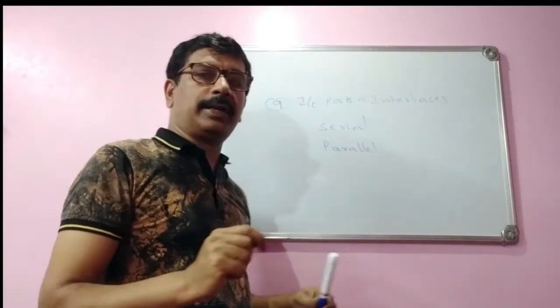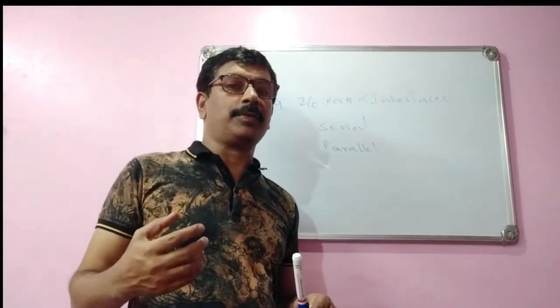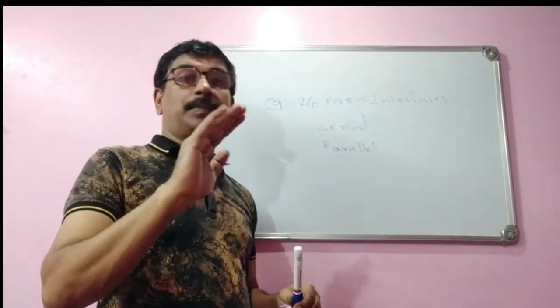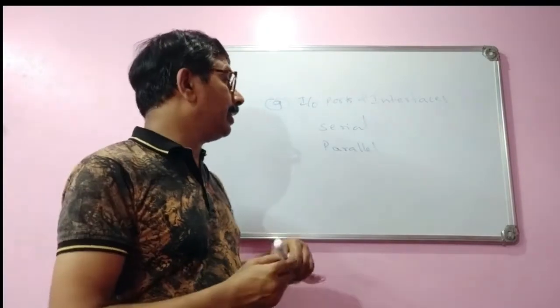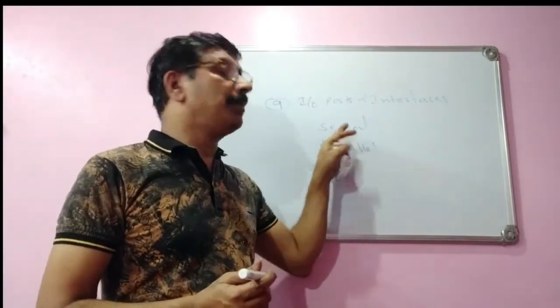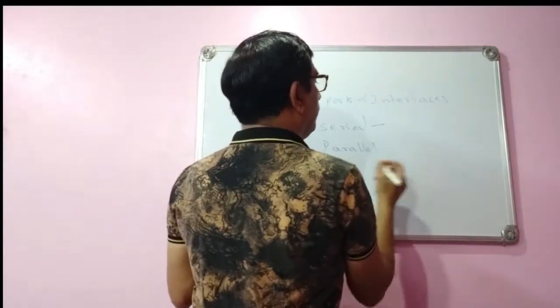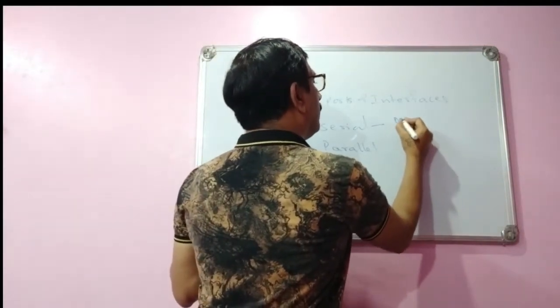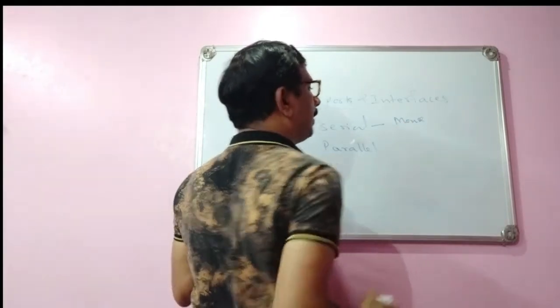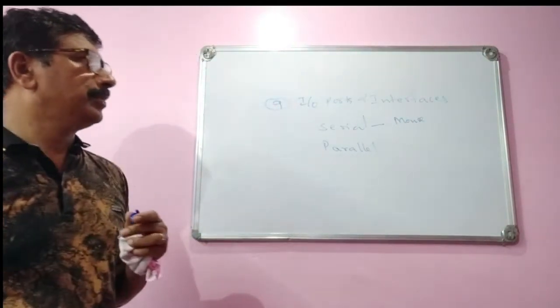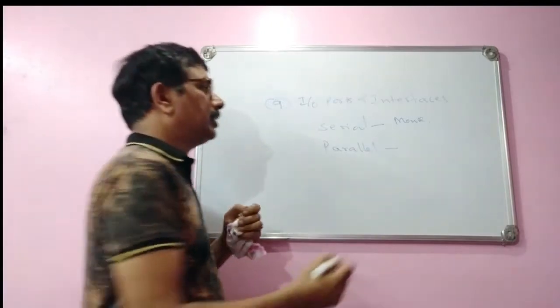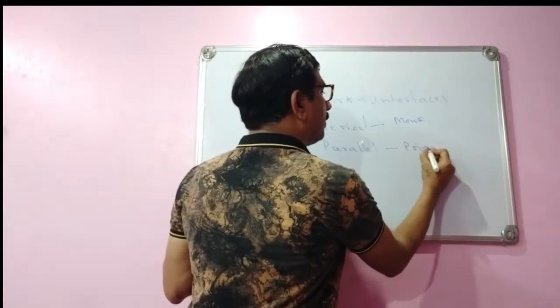But the parallel interface transfers the information 8 bits per second. So parallel is faster compared to serial. And the serial, commonly there will be, in the earlier part there was mouse, parallel ports, which is commonly used to connect printer.